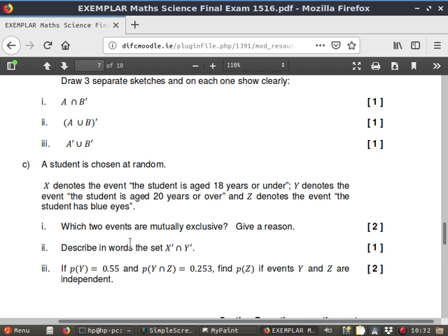No, just lots. What lesson was this from? There's literally a lesson called mutually exclusive and independent, which is exactly what this question is about.